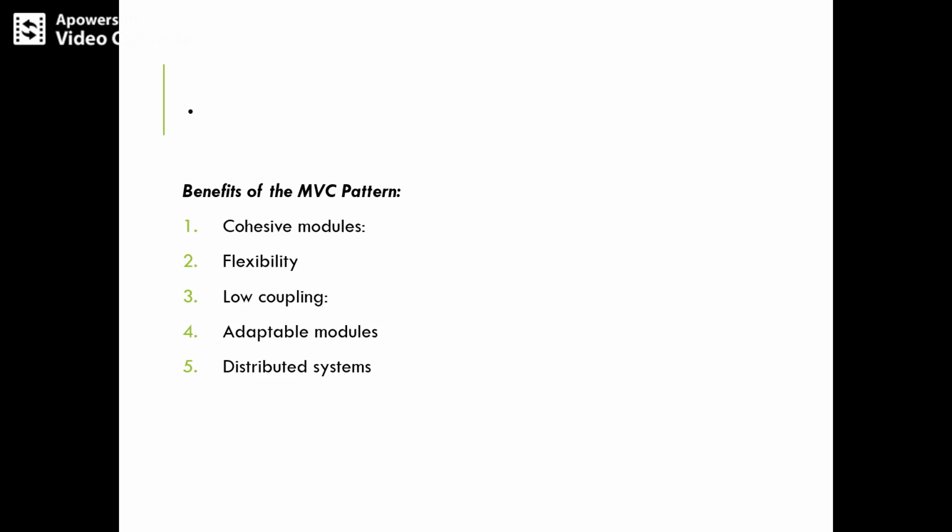In a distributed system, modules are always separated. One client can communicate with another through a server, using Java RMI, the remote method invocation. Through that, a lot of communication happens in a distributed system. That is an added advantage of model view controller.